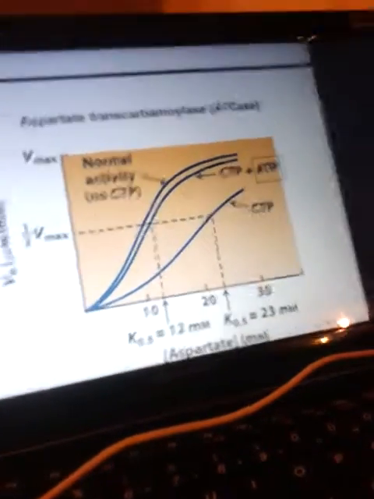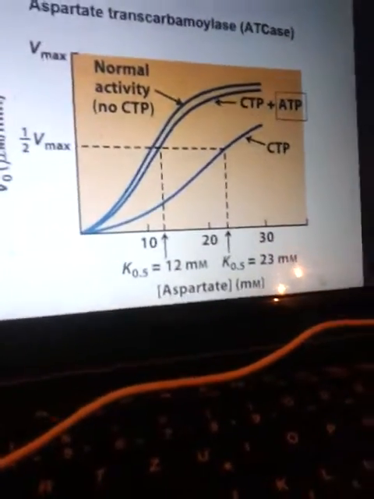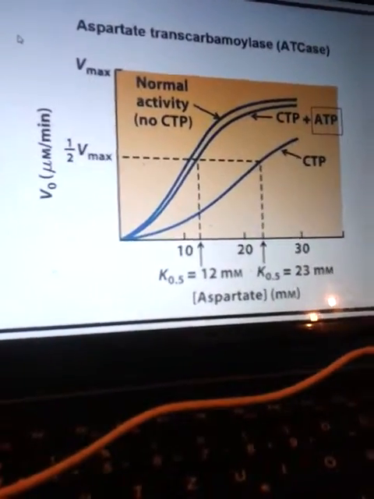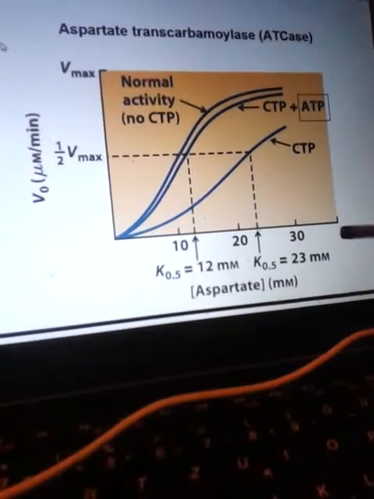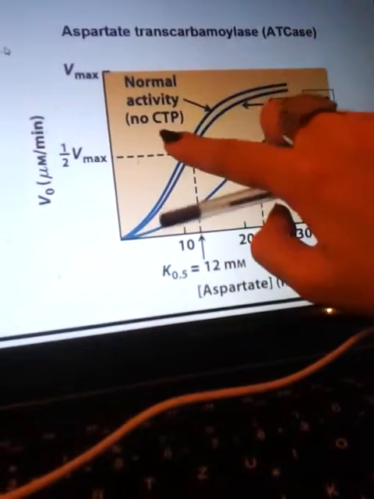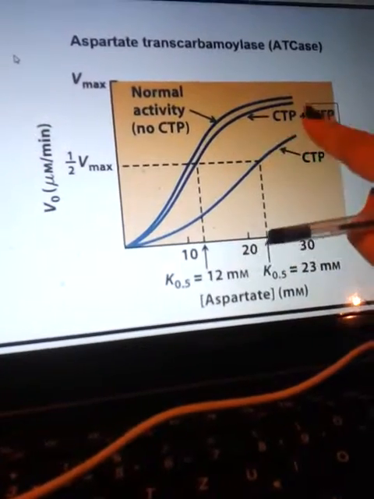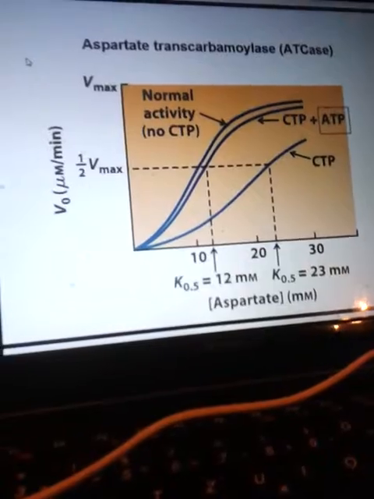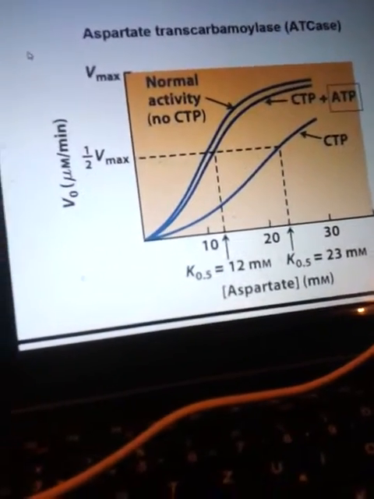Aspartate transcarbamoylase, ATCase. What's that? That's the Michaelis-Menten curve for this enzyme, yeah? If the substrate concentration is high, we can reach the Vmax. Normal activity, there is no CTP. If I have CTP plus ATP, a lot of ATP and also CTP, the enzyme says, yes, I produce you, but I have a lot of energy.